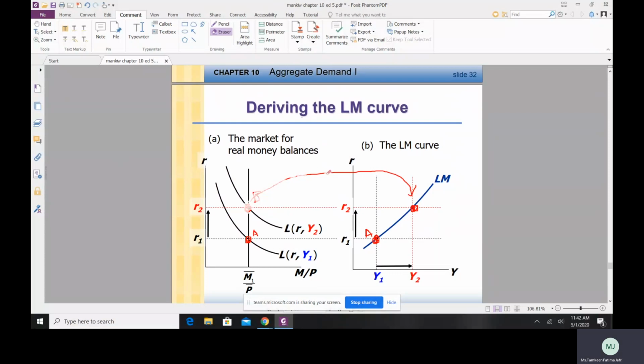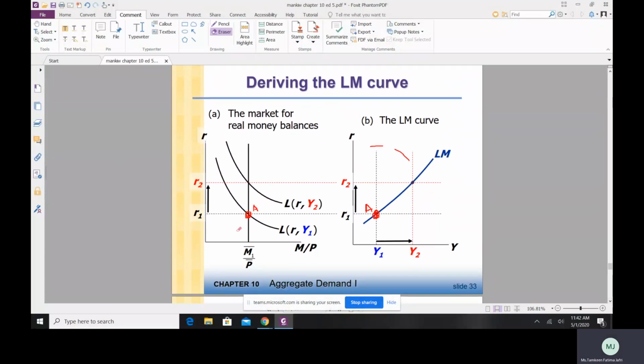What you see in front of you, the same thing will be here too. Let's suppose this is your initial equilibrium. When you have questions on shifts, make the initial equilibrium first. So the initial equilibrium happens at point A. At this initial equilibrium, the interest rate is R1 and output is, let's suppose, Y2.